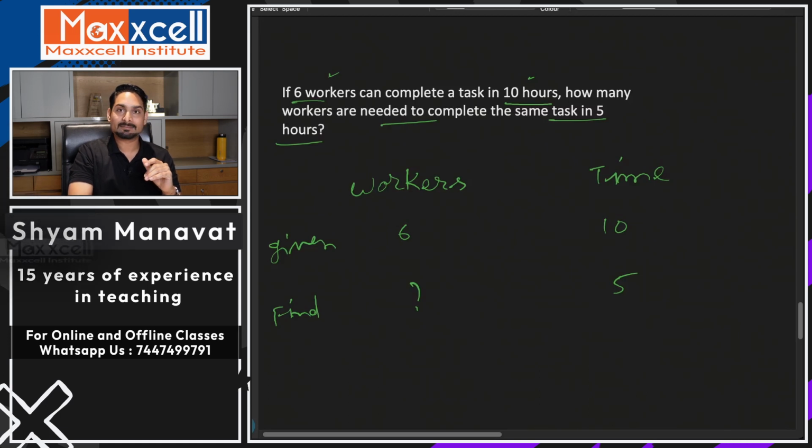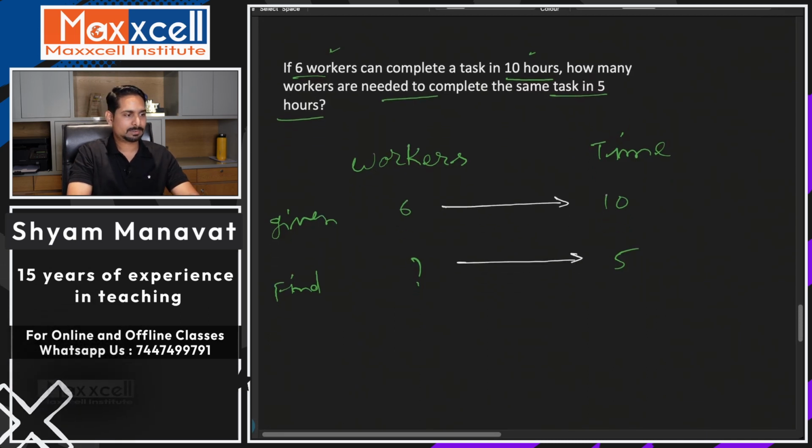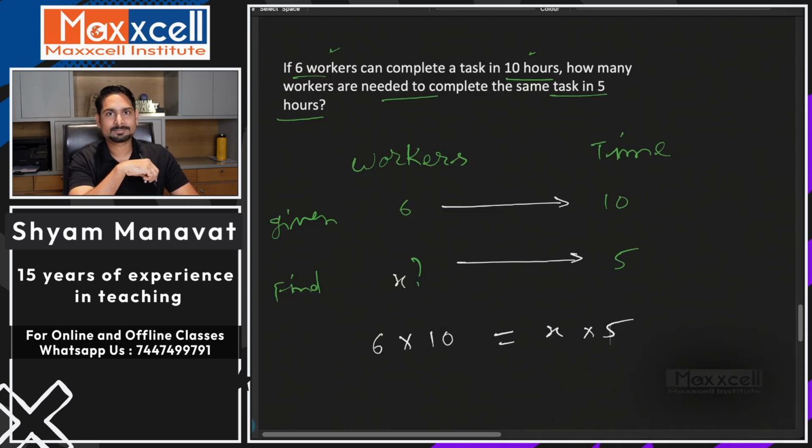This is inversely proportional, so the straight product will be equal. 6 into 10 equals, let's say this is x, x into 5. Straight product is equal.